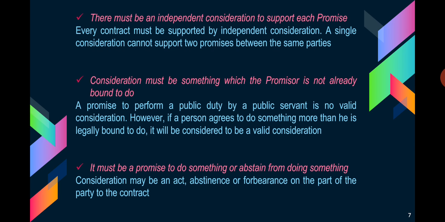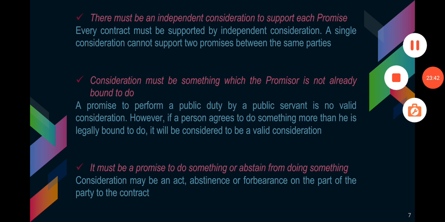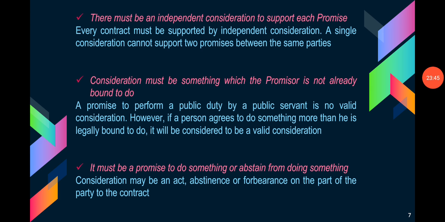The next important essential is that there must be an independent consideration to support each promise. Now, if I am a retailer, if I go to a wholesaler and I tell that wholesaler that I want to purchase 10 kgs of rice every day for the next 1 month, I cannot say that I will not give you the money for the remaining 28 days, I will just pay you for 1 day, and that will be equivalent to the consideration for the remaining promises.